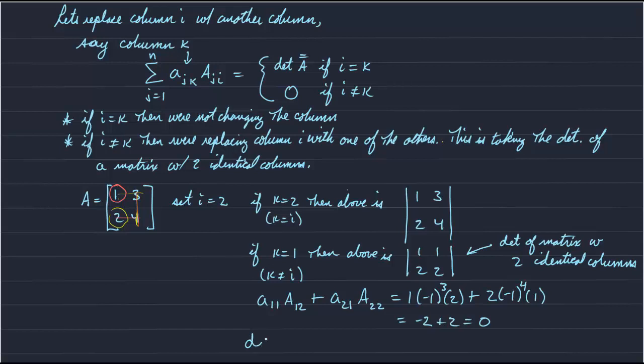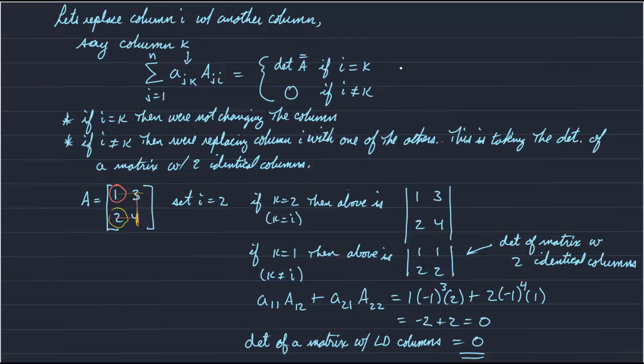And the determinant of a matrix with any columns linearly dependent, all they have to do is be linearly dependent, and of course two columns that are identical are linearly dependent, is automatically zero. So we've shown that when I is equal to k, we get the determinant of the matrix. If I is not equal to k, we get zero.